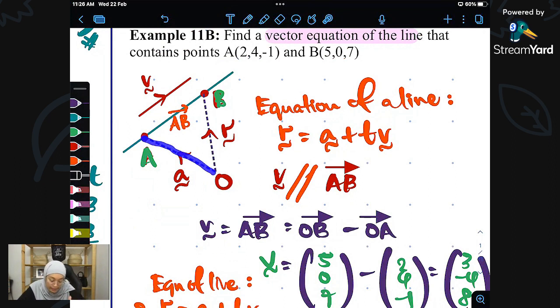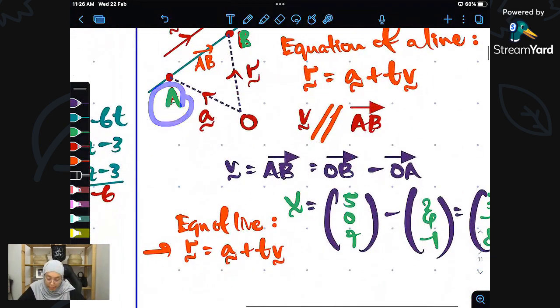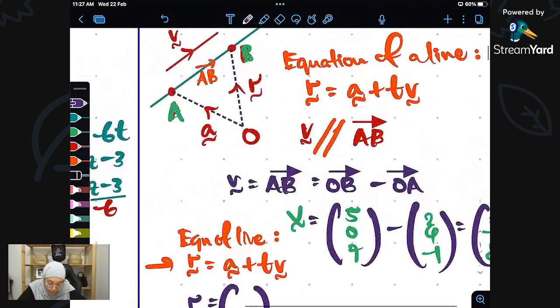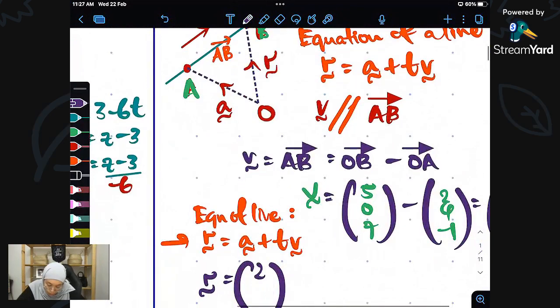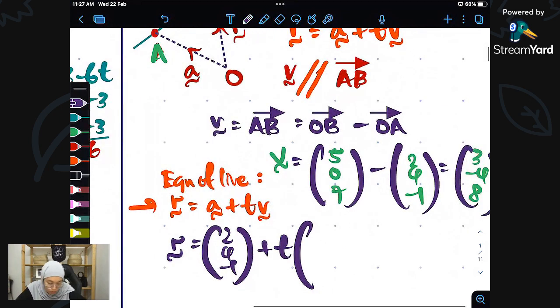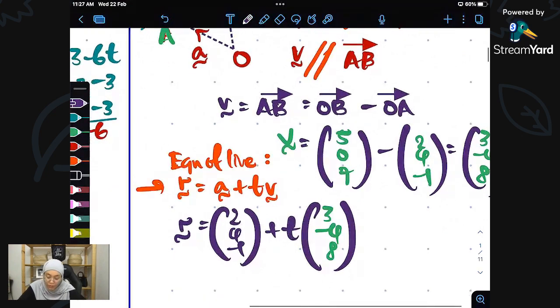The journey is again from the origin to the position vector A, and then plus T times V. So we pick the point A, and eventually our formula is r equals the position vector A, which is (2, 4, negative 1), plus T times the V vector, which is (3, negative 4, 8), close bracket.